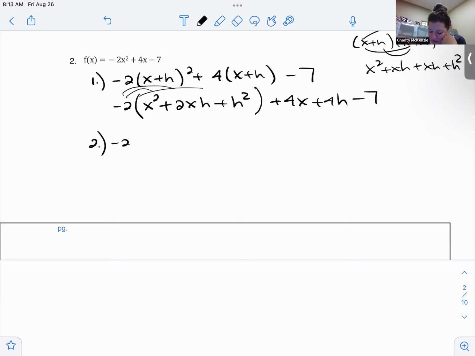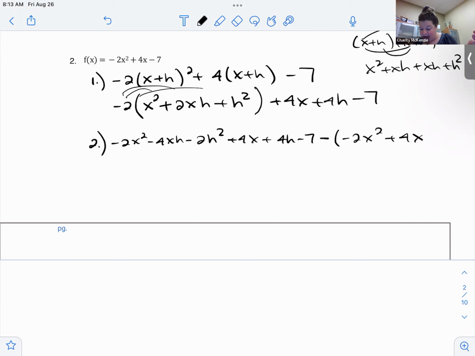So I have -2x squared minus 4xh minus 2h squared, timesing the -2 through, plus 4x plus 4h minus 7, minus off the original function, -2x squared plus 4x minus 7. So when I subtract this off, I'm going to make that a positive and change all the signs. That way it's a little easier not to make mistakes.